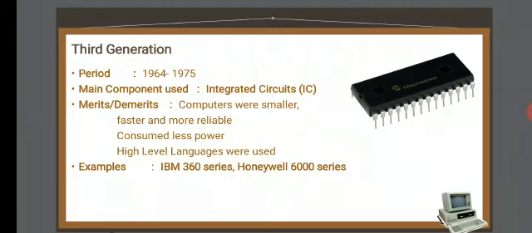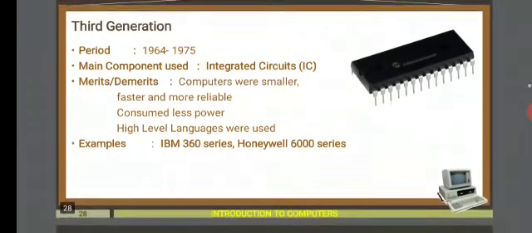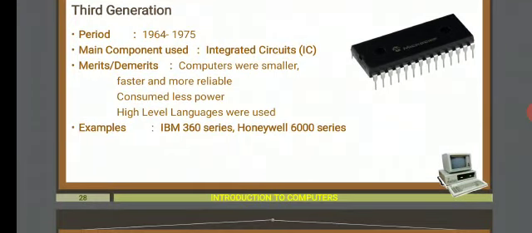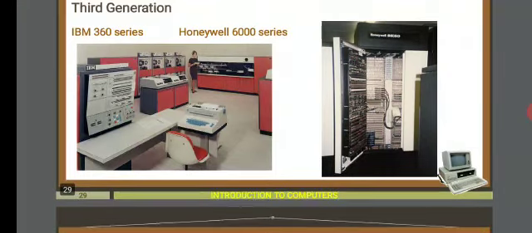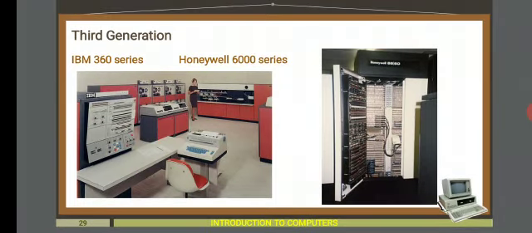And here we started using high level languages like Java, C++. The examples are the IBM 360 series and Honeywell 6000 series. This is the third generation computer.